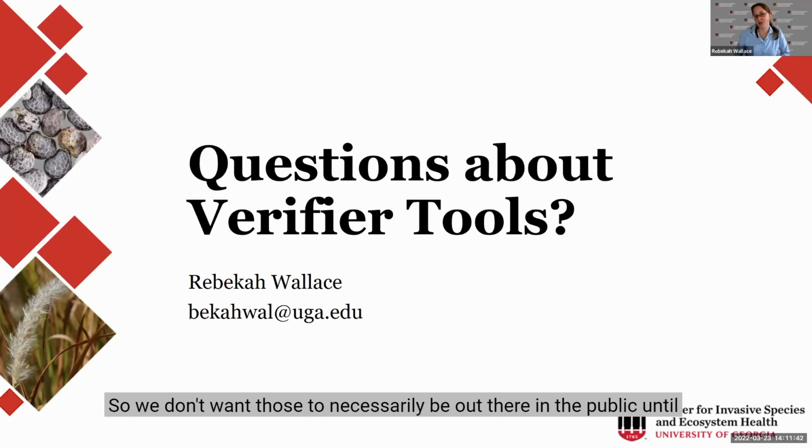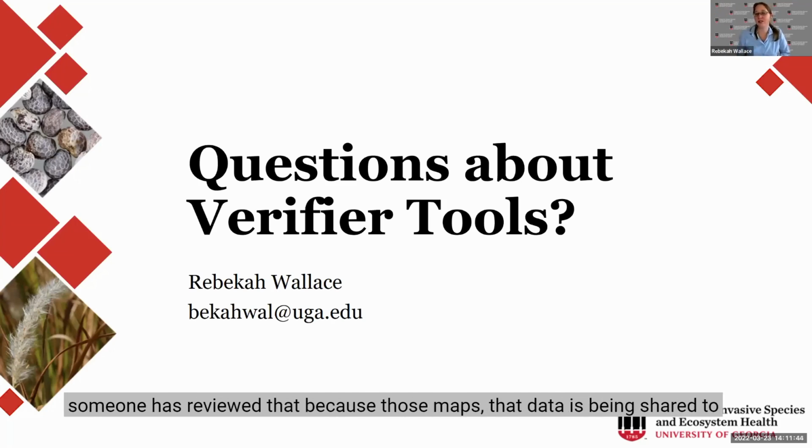So we don't want those to necessarily be out there in the public until someone has reviewed that, because that data is being shared to basically anyone who wants to request data or use the maps on our website. So I just wanted to address that as a question we do get at times.